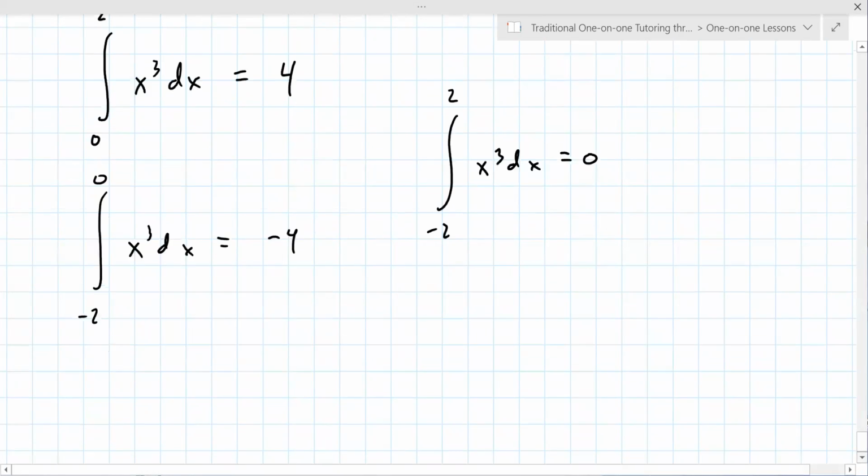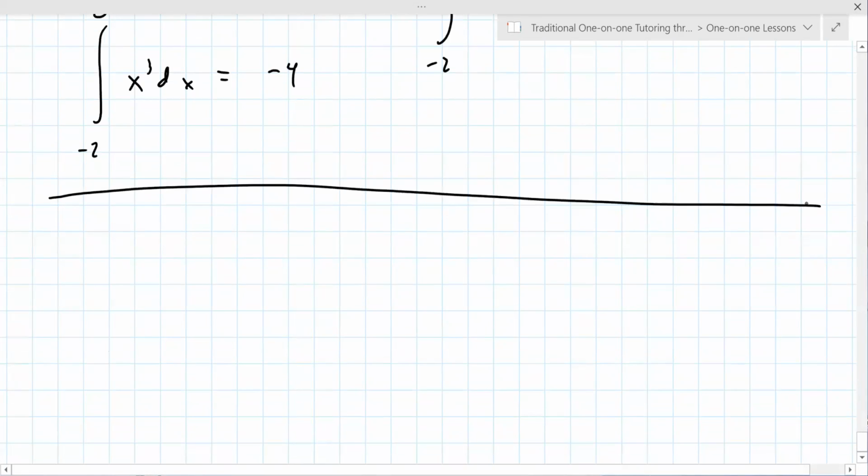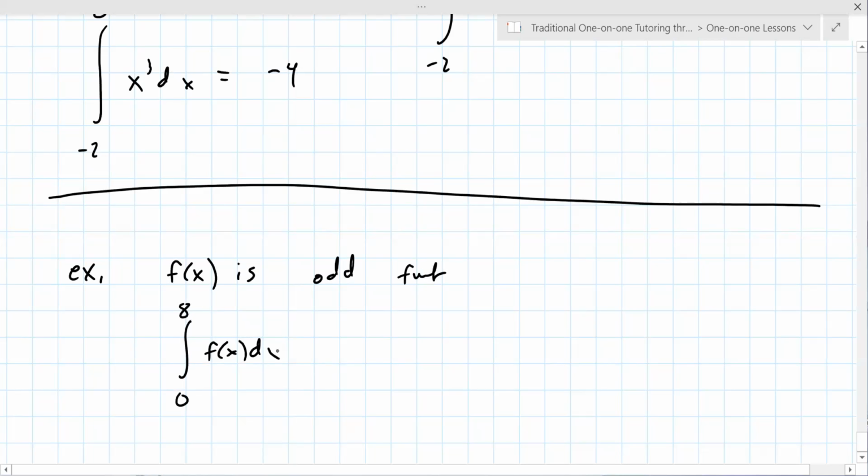So again, the way this would work is you'd be given an example. Your instructor would say, f of x is an odd function, and the integral from 0 to 8 of f of x dx equals 3.